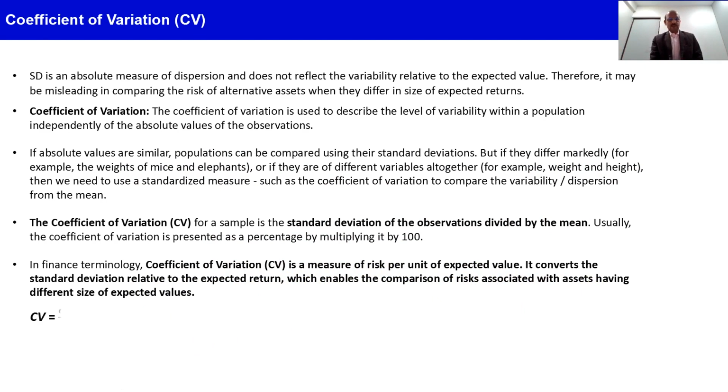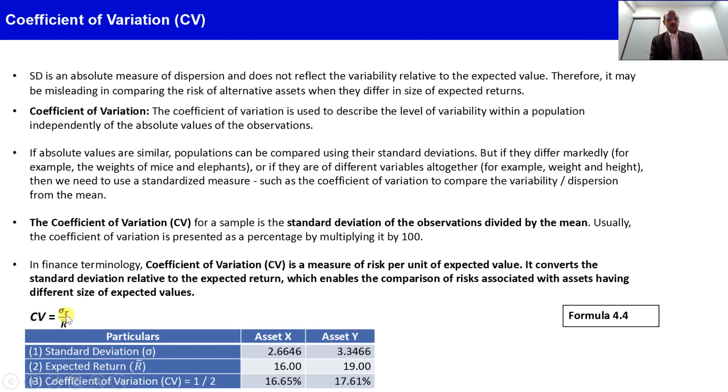So let's see the formula here. CV, which is the coefficient of variation, equals sigma R divided by R bar, where sigma R is your standard deviation of return, as we call it in finance terminology, and R bar is the expected rate of return or the mean of the various returns.